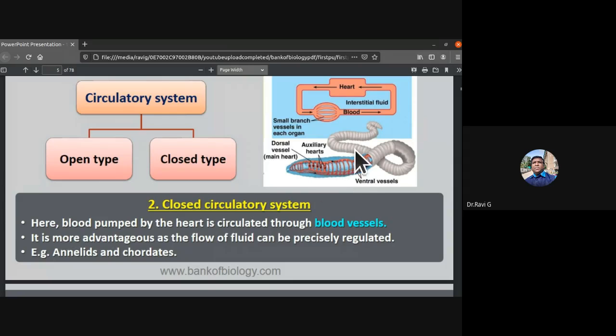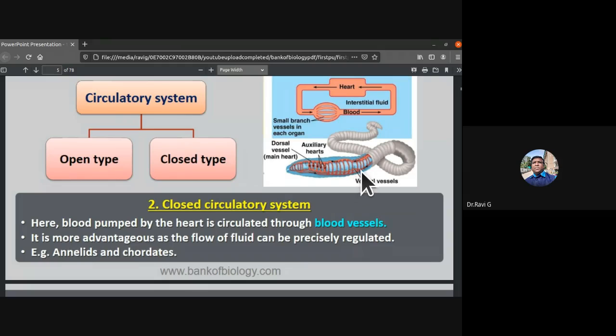You can notice this in the earthworm. The earthworm also has red blood, but the hemoglobin is in the plasma, whereas in human beings the hemoglobin is in the red blood cells. That is the difference between human blood and earthworm blood, even though both are red in color.